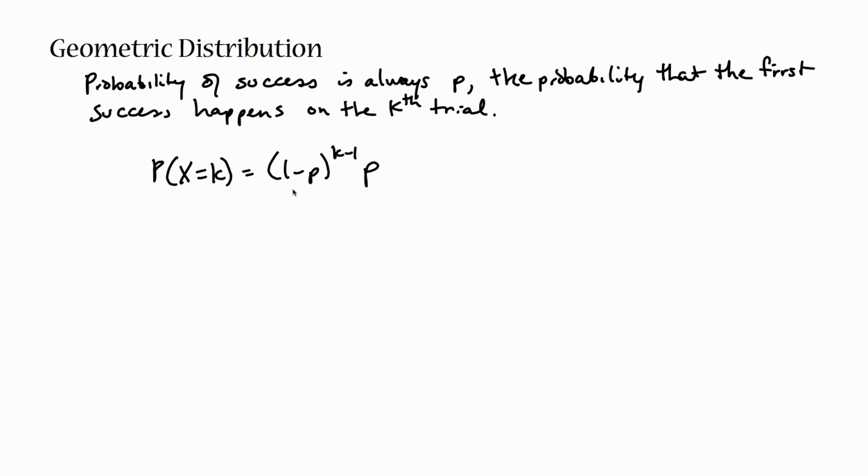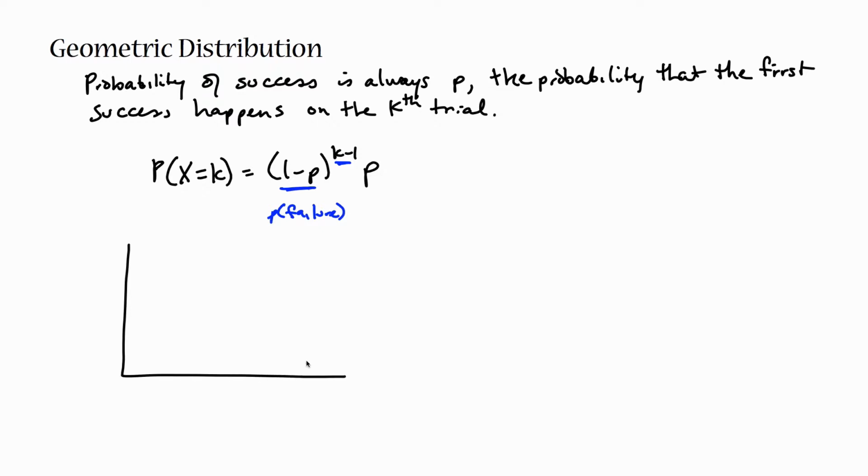So if p is the probability of success, 1 minus p is the probability of failure. So you need to fail k minus 1 times, (1 minus p) to the k minus 1, and then succeed. And there's no binomial coefficient at the front because there's only one way to do that.